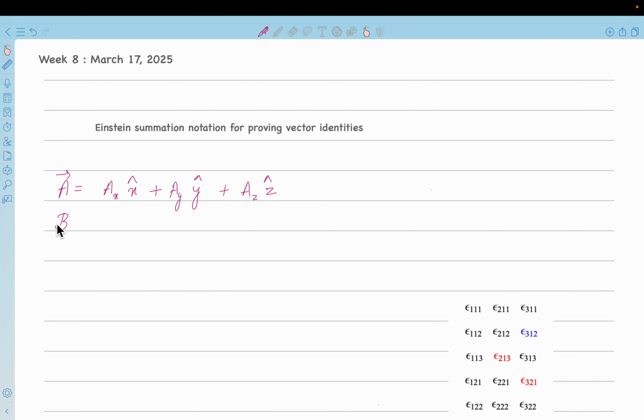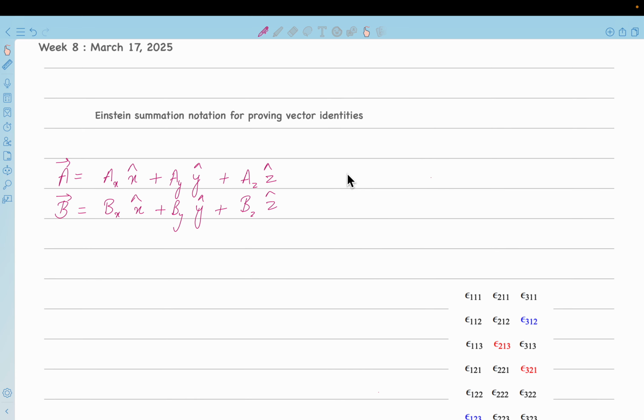Similarly, I have a b vector which I'll write as bx x cap plus by y cap plus bz z cap. Now you must have also seen this kind of representation. You can write a vector like this, ax, ay, az, written like an array. This is also a vector representation.